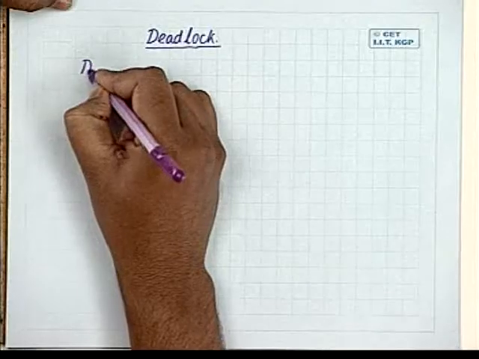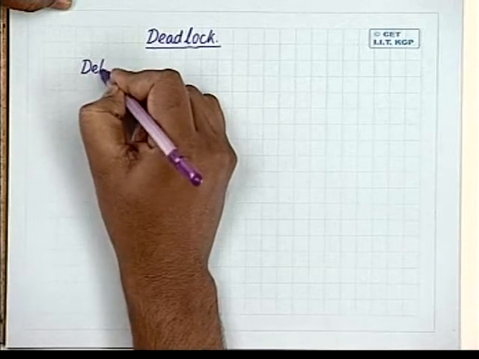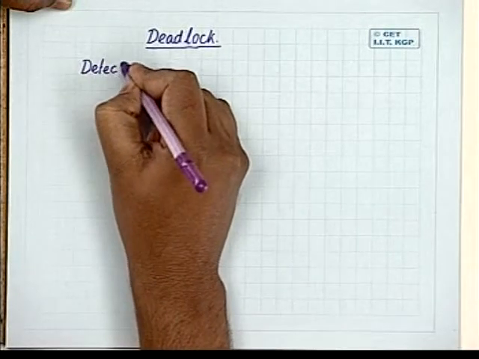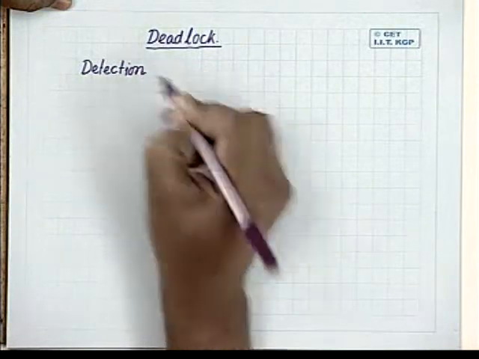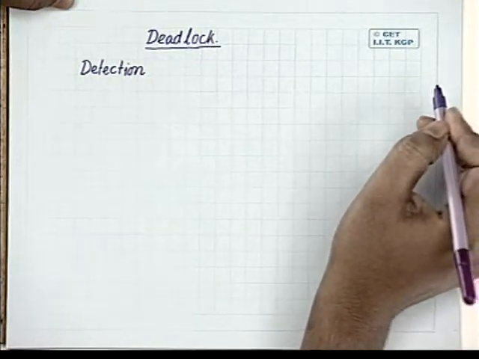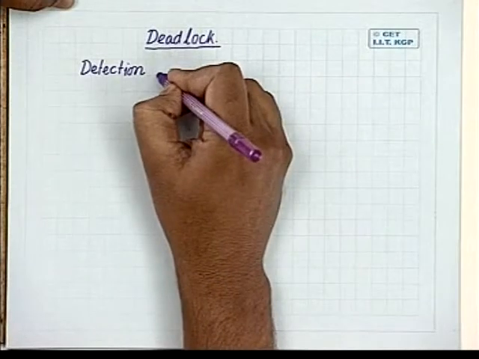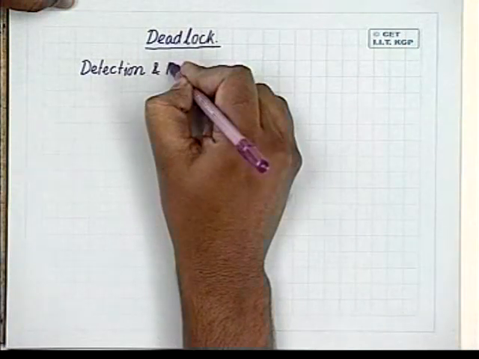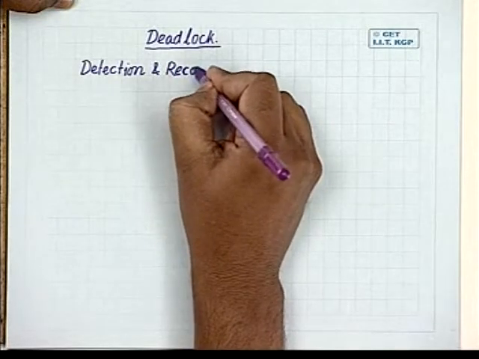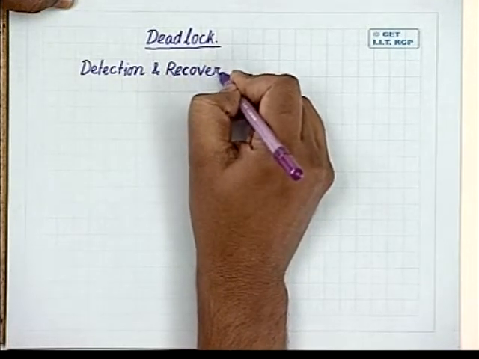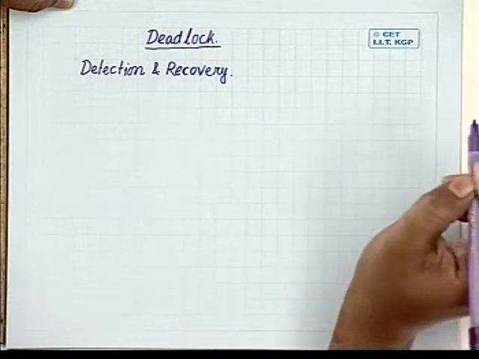So in the third approach, we will discuss detection. That means the system will check if there is a deadlock in the system. If there is a deadlock, then the system will try to recover from the deadlock. So we have the deadlock detection and recovery approach.